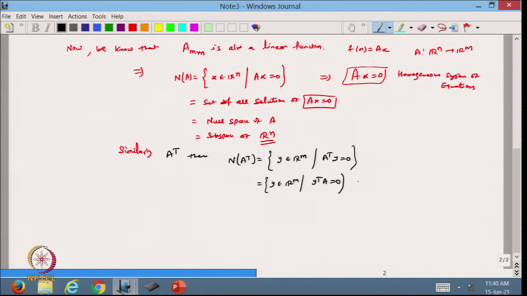Of course, it is a subspace of Rm, because y is coming from Rm here.